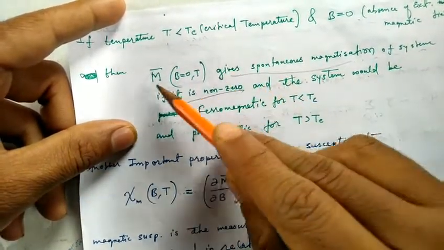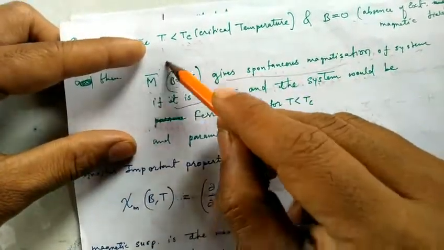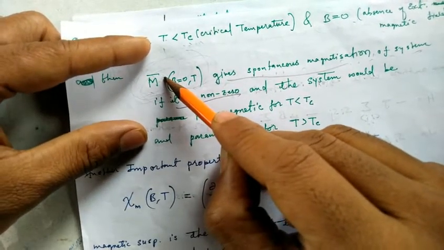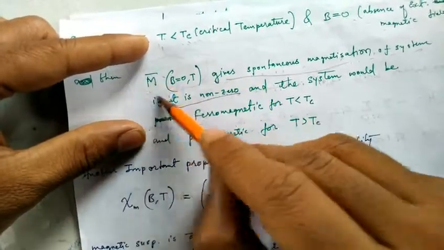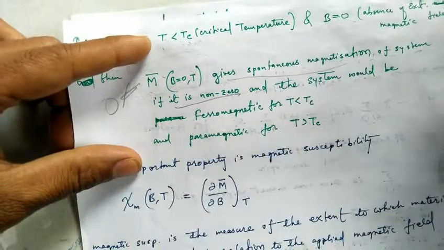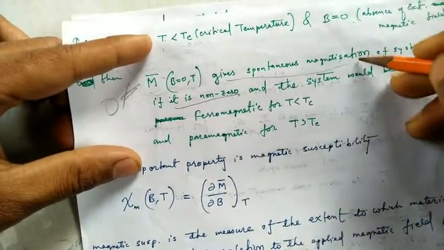That means the magnetization, which means the magnetic dipole moments per unit volume, if the value is not equal to zero, that means there are magnetic dipoles per unit volume, and that gives the spontaneous magnetization.